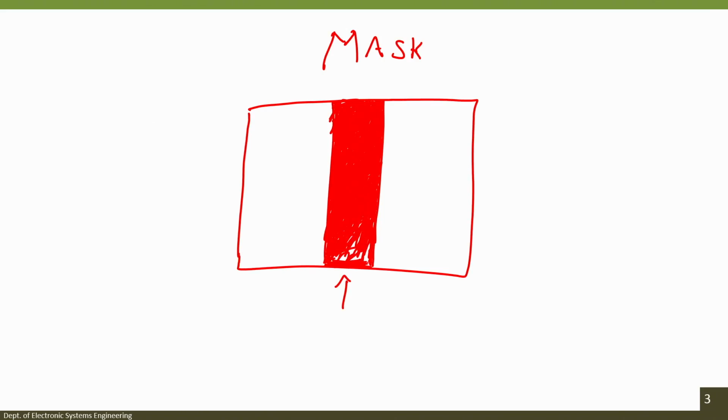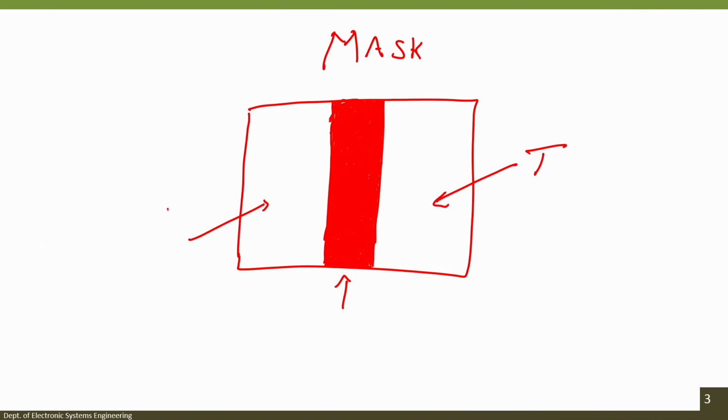Now, why am I drawing this? There is a reason. You see the maximum area in this mask, is it dark or transparent?